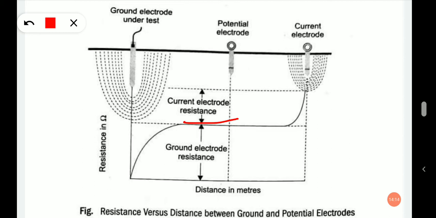And at the instant potential electrode approaches current electrode, the resistance again increases rapidly. This reveals that the ground resistance varies with the distance of potential electrode with respect to ground electrode. For different positions of the potential electrode, the measurements of the earth resistance are made.